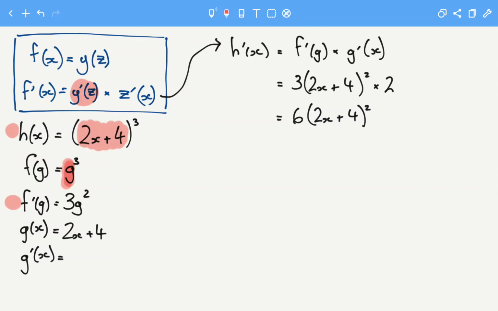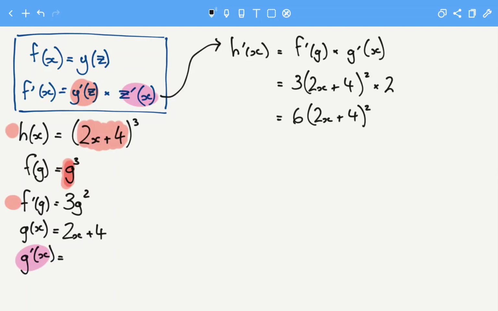And then we're now going to do this bit, the z(x), or g(x) for this question. The only reason the letters have changed is because each question will give you different letters because NCEA is like that. So we've done the first bit here, now we're going to do the second bit here.